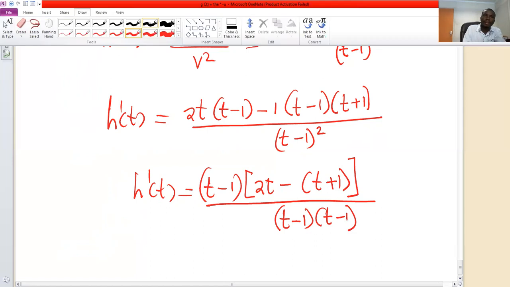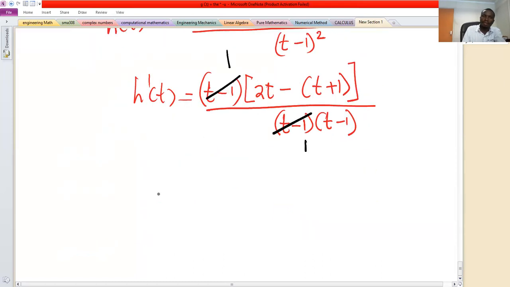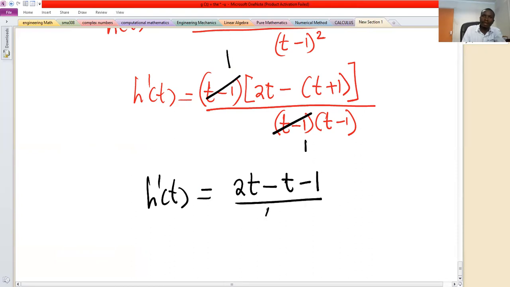Now by doing that, I cancel one t minus 1 with the other one here, so that I have h prime of t is 2t minus t minus 1, divided by t minus 1.